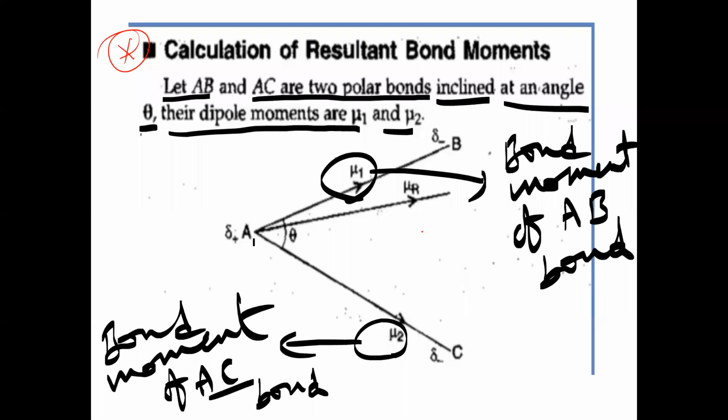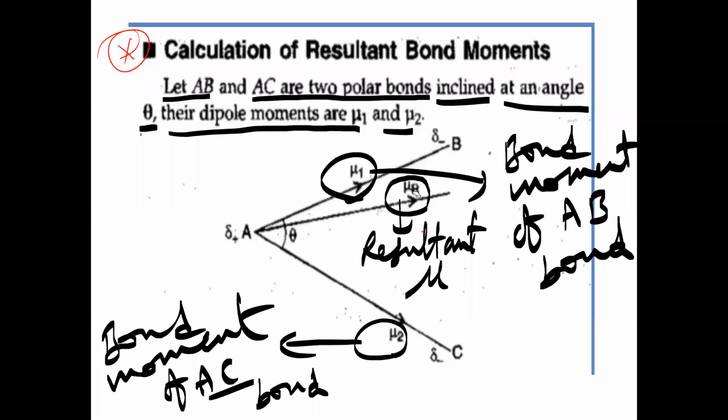Is that clear? Now AB and AC bonds are inclined at the angle theta. And mu r is called the resultant dipole moment, where r stands for resultant.